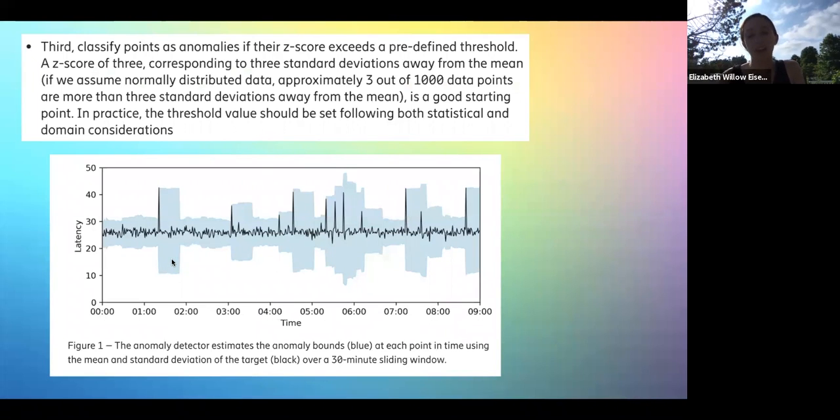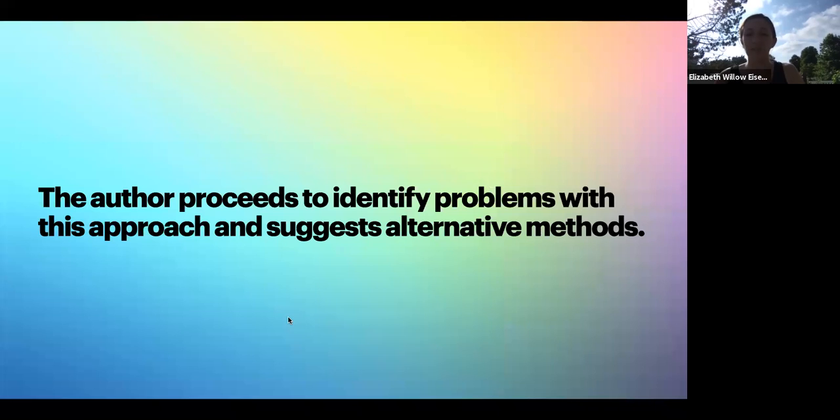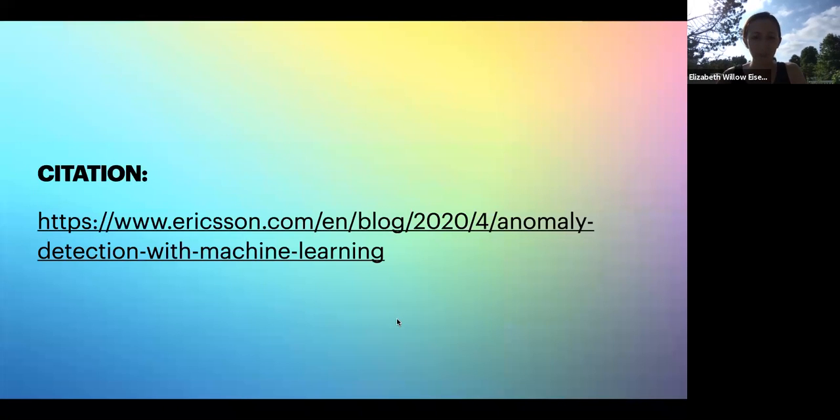Then they talk about ways we can adjust this process and come up with new procedures that can better detect anomalies, starting with the baseline procedure, which we're pretty familiar with. They get into using medians instead of means, and they start talking about other machine learning approaches. It's a pretty cool article, and if you want to check it out, it's right here, and I'll link to this in the email as well.